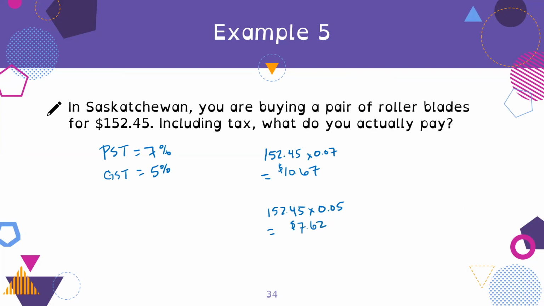Now we need to go back to the question to make sure we actually answered it. It says, including tax, what do you actually pay? Have we written what we actually pay? No. So we need the total, which is the actual price. $152.45 plus the tax, so plus $10.67 plus $7.62.